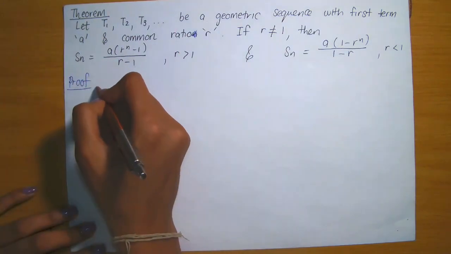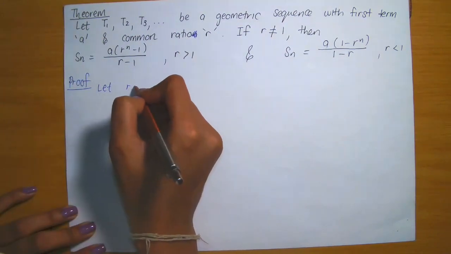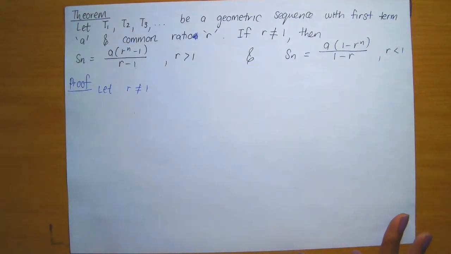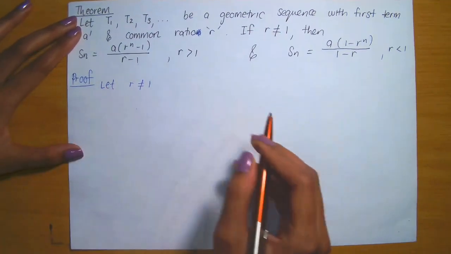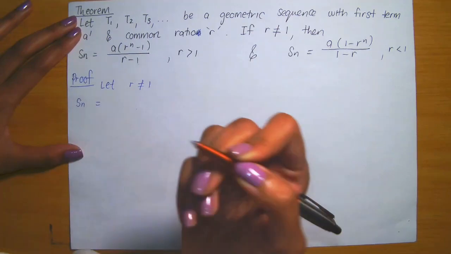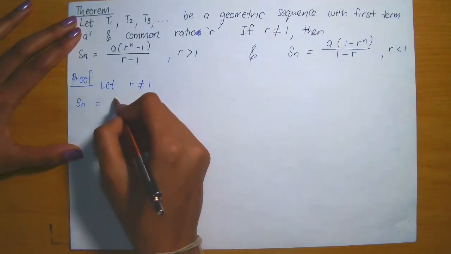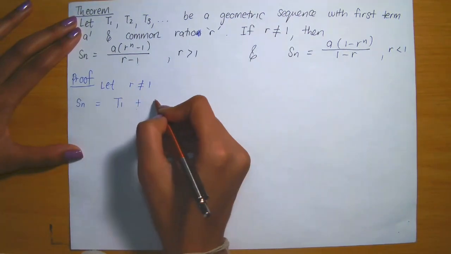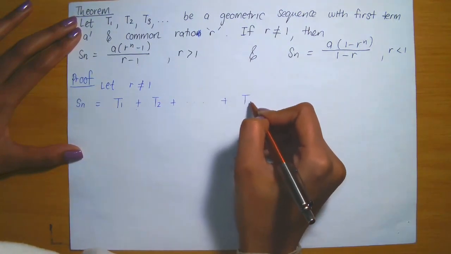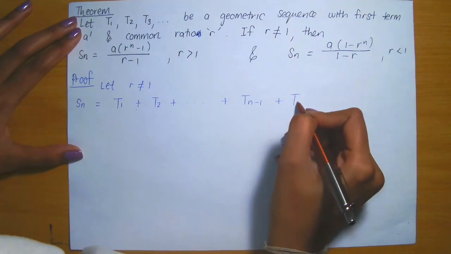Firstly we need to make sure that r does not equal 1. So what we're going to do now, as we had done before, is write down the sum to n terms. What does it represent? It's term 1 plus term 2 all the way up to and including term n.